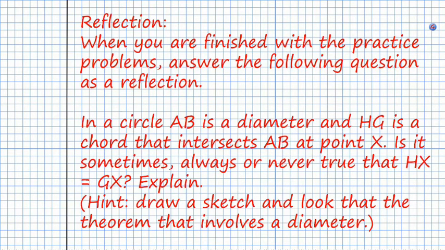You know your pieces of information that you have. You know your diameter. You need to make sure you have one of those. Then you have a chord, and you know that they intersect at some point. And what we're trying to find out is when is HX going to be congruent to GX?